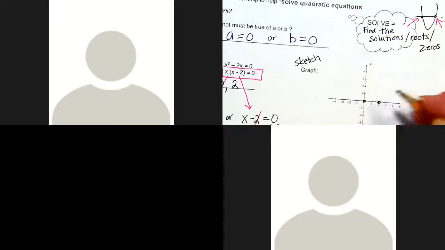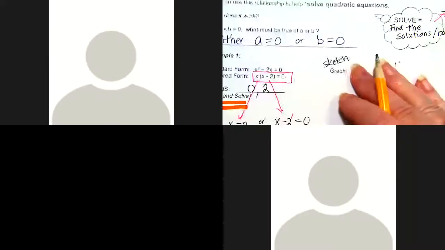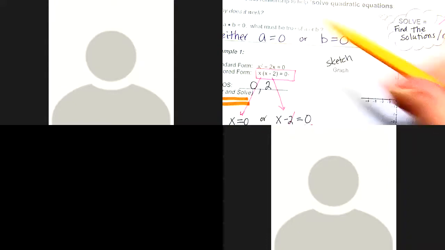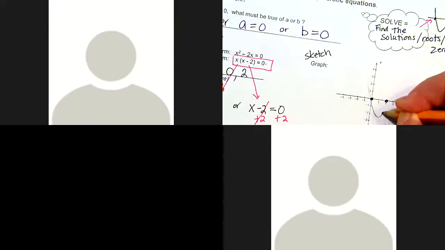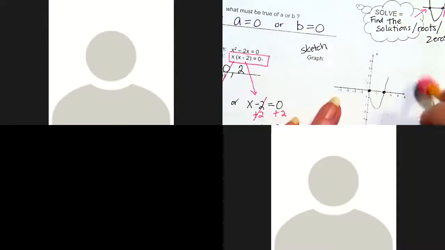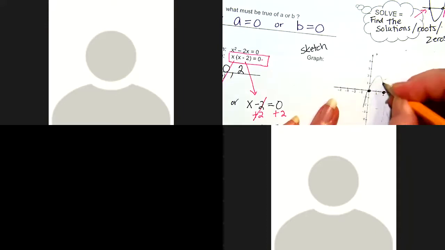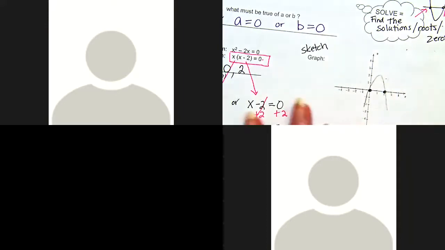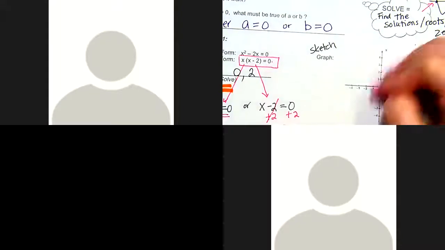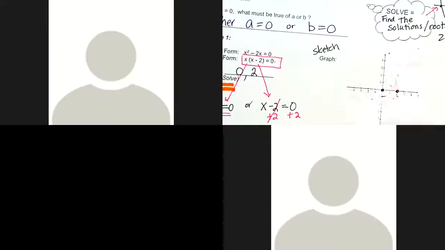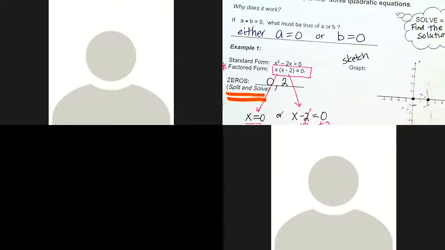So the biggest decision is whether to make it open up or make it open down. It wasn't in an earlier video that you watched, but how do I know whether this one opens up or opens down? Because it's not a negative. Yes, we're going to look right here.